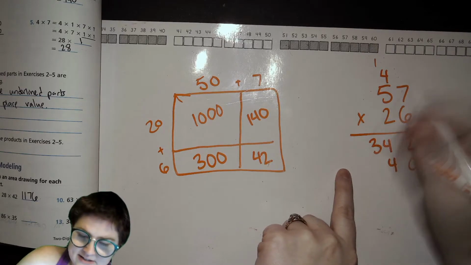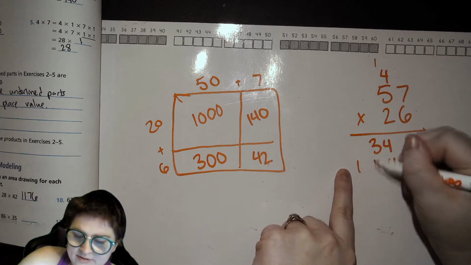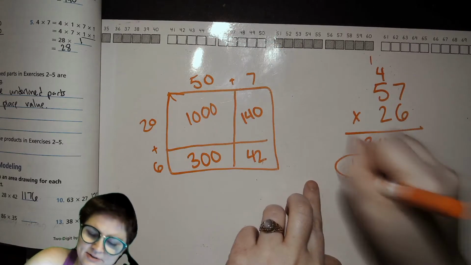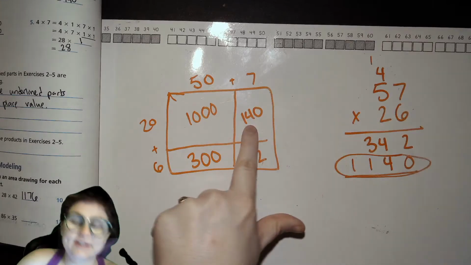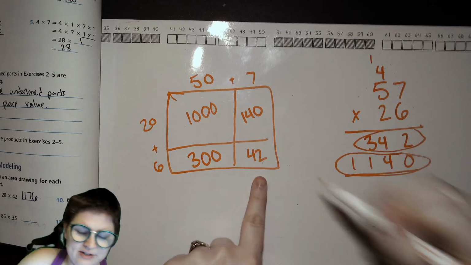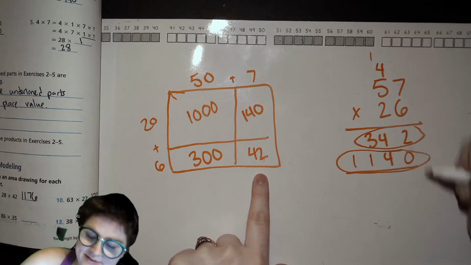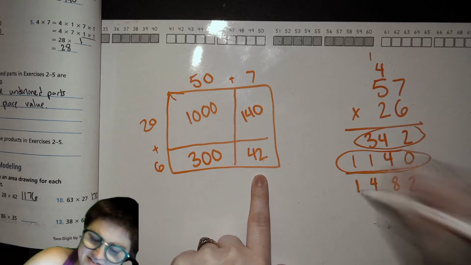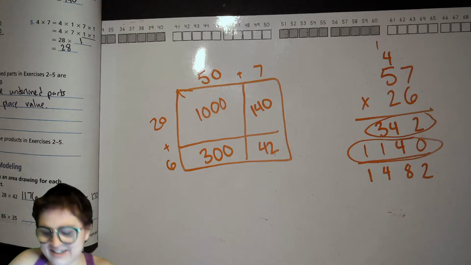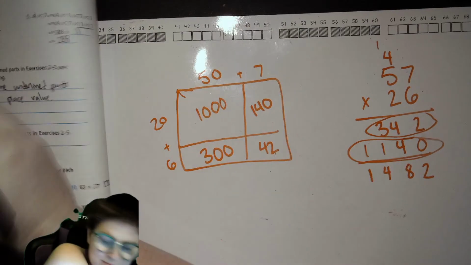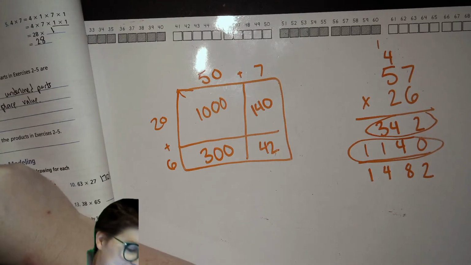So add that 1 in there from earlier. So in this row, we have our 1,000 and 140. In this row, we have our 300 and our 42, and we'll add that up. Okay. So just to prove to you, what your parents know is not wrong or different. It just looks a little different.